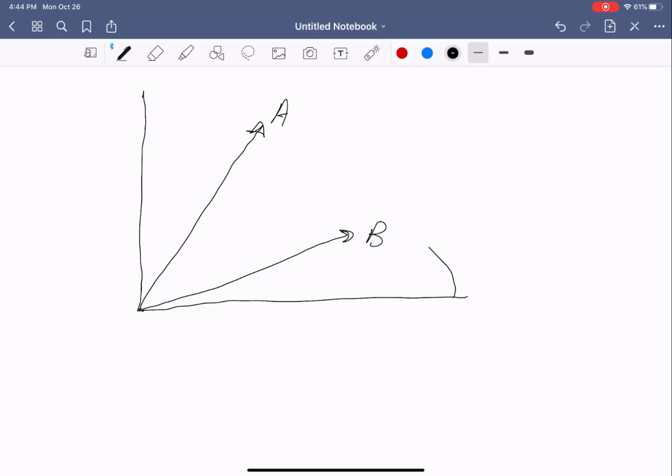And what I want to do is spin that around. I want to change the coordinate system, all right? So this becomes a linear combination. We want to create a linear combination of the vectors A and B.